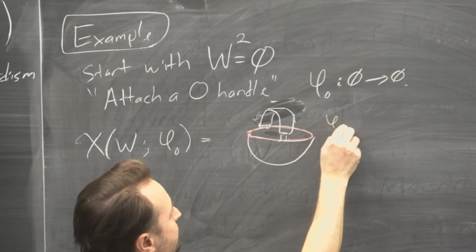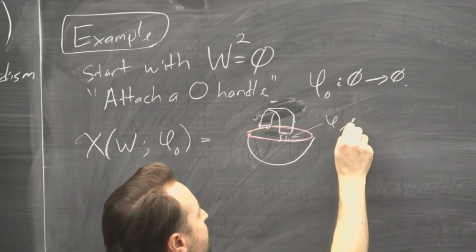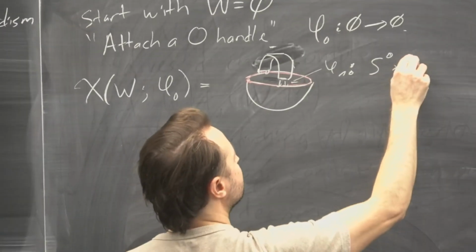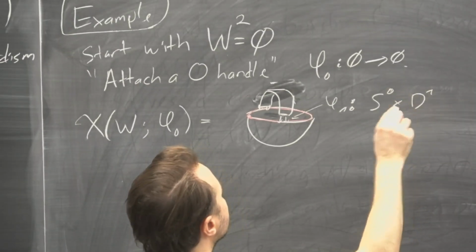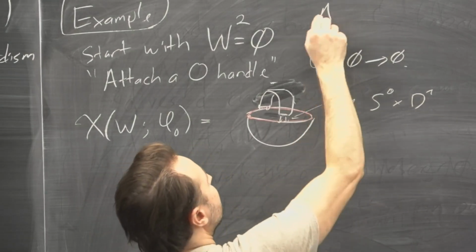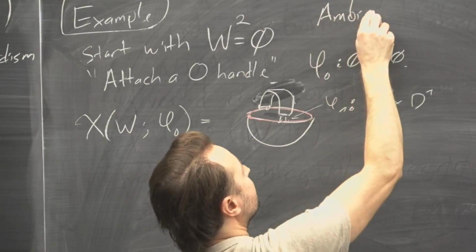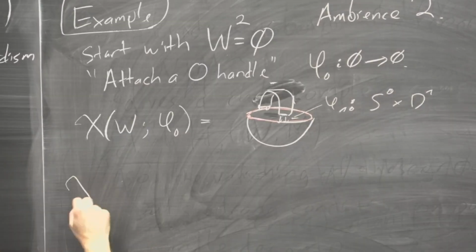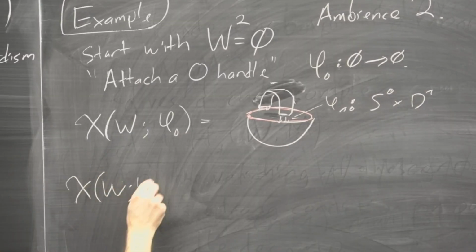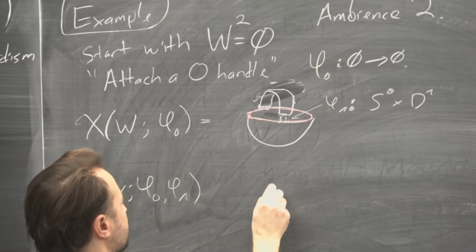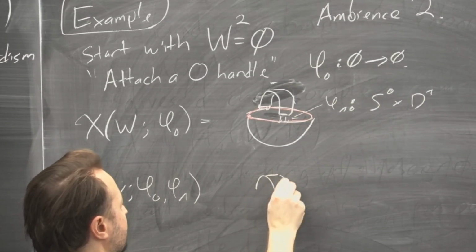This is my schematic drawing for phi 1. It's going from S0 cross D1, so it should be D3. No, yeah, ambient dimension 2. Okay, and so if we now do two attachments in a row, what we get is this little basket.